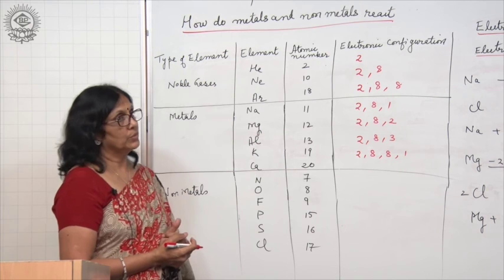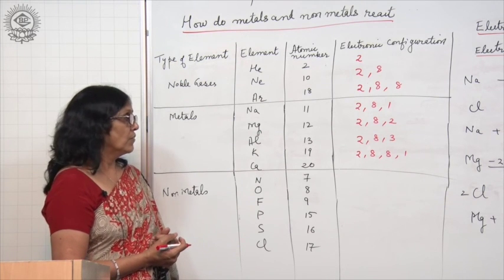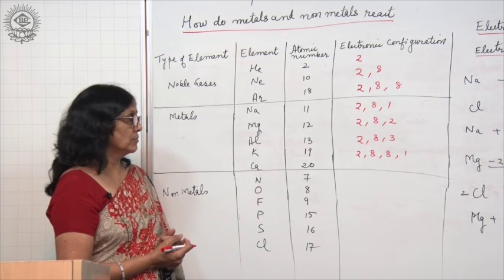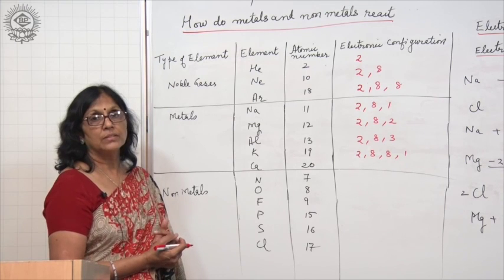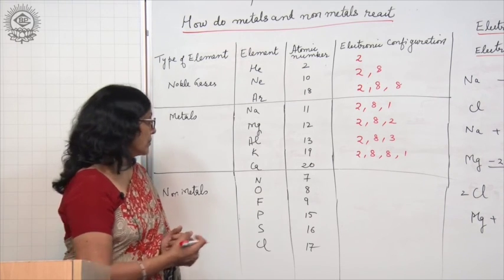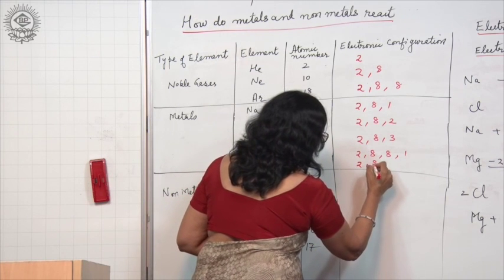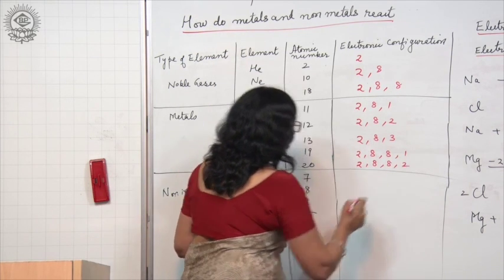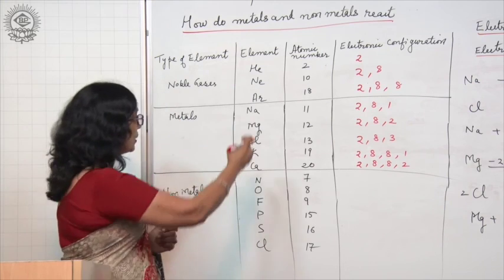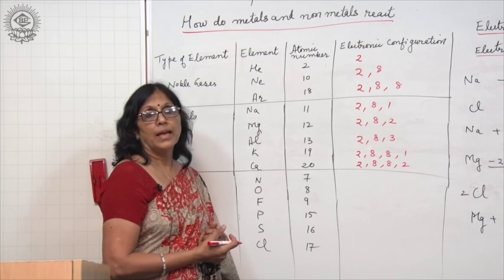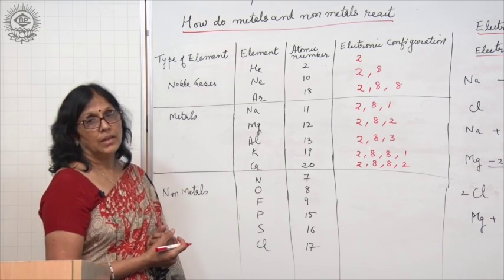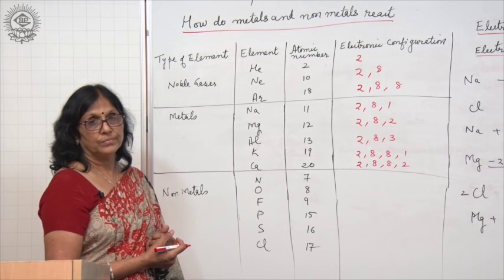Here also potassium atom has 1 valency electron, outermost shell has 1 electron. Calcium has 20 electrons and its electronic configuration is 2, 8, 8, 2. So, all the metals do not have stable electronic configuration.